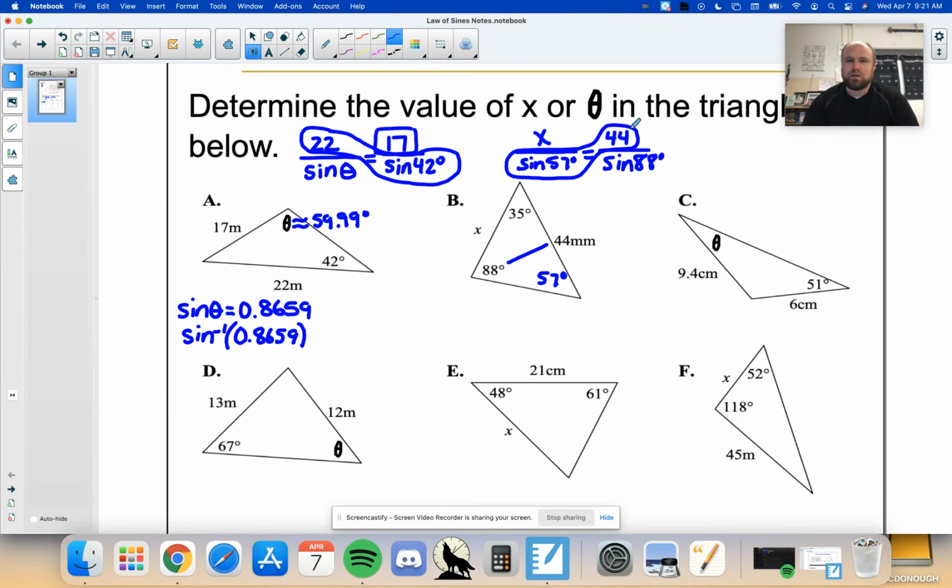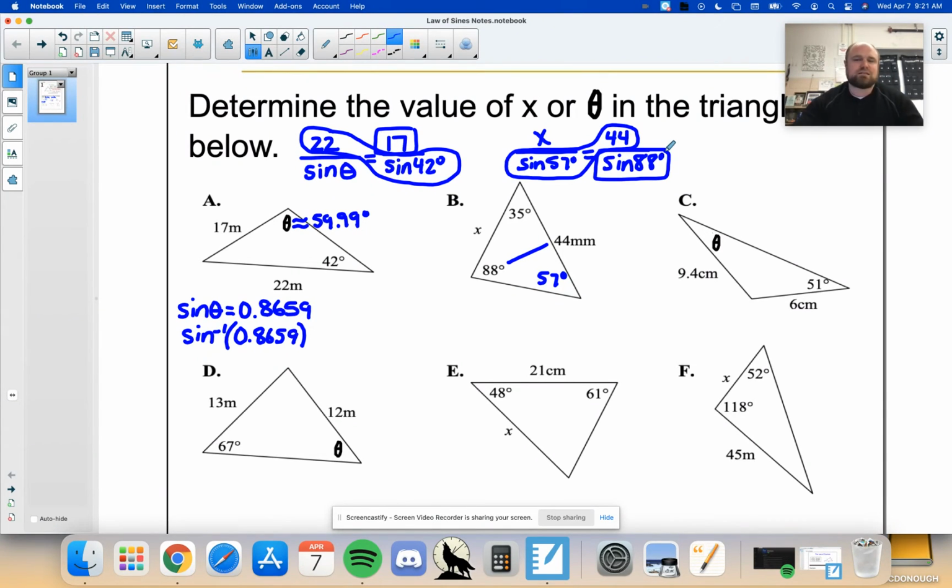So I'm going to grab my calculator, and I'm going to take 44 times the sine of 57 degrees, and that gives me 36.90. And then I'm going to divide by this extra piece. You always divide by the extra piece. So I'm going to take that 36.90 and divide by the sine of 88.